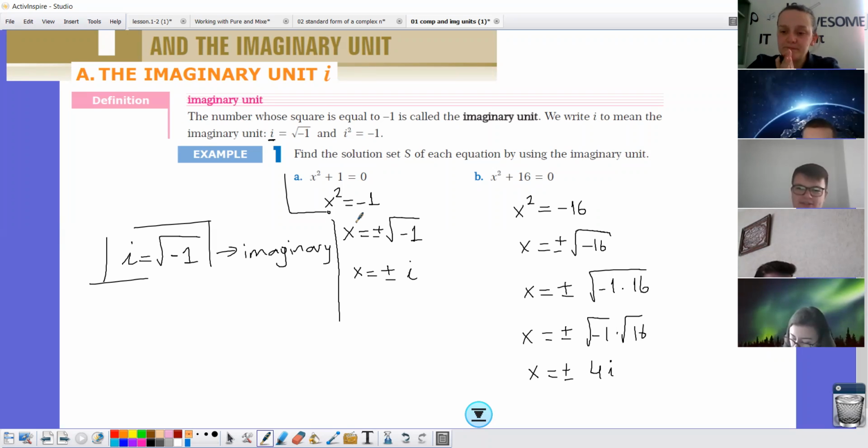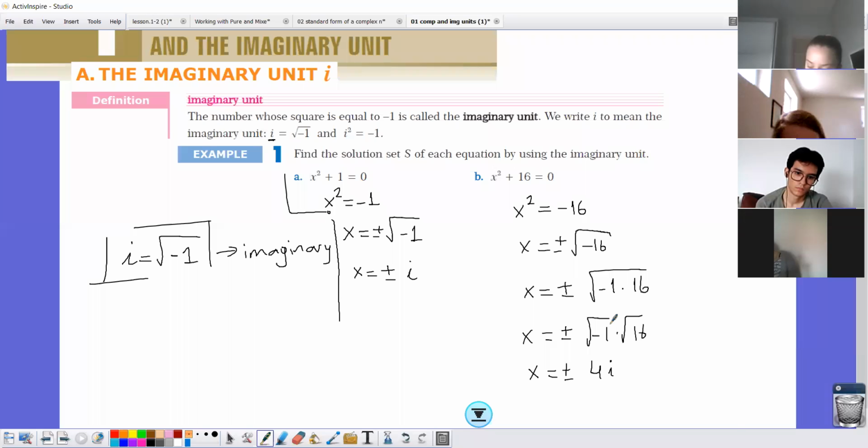Did you write this? Yes. No, teacher, wait just a minute. For example, if x squared was equal to 16, it will be only root of 16, or what?